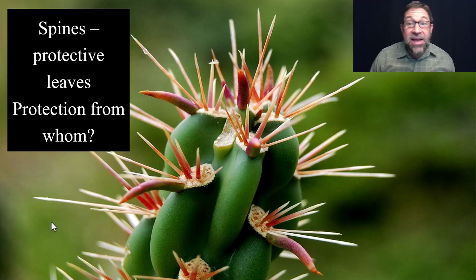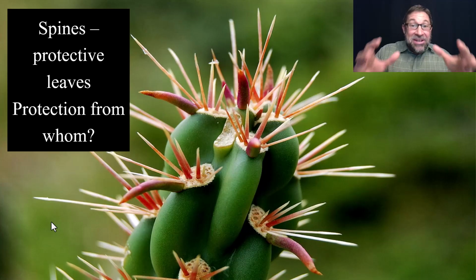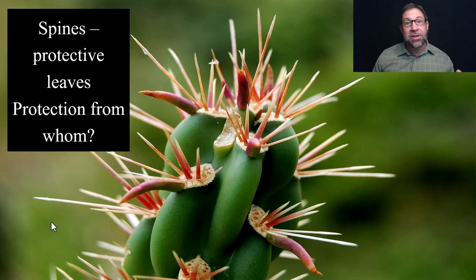In the Cactaceae, the cactus family, of which I'm sure you are all familiar, it's really a cool family. It's a unique family that evolved here in the Western Hemisphere. In the Cactaceae, the stems have now become the primary photosynthetic organs. Notice the green stems on this cactus. And the leaves, they've become modified into sharp spines to protect these plants from herbivory. That kind of seems like going to extremes, doesn't it?